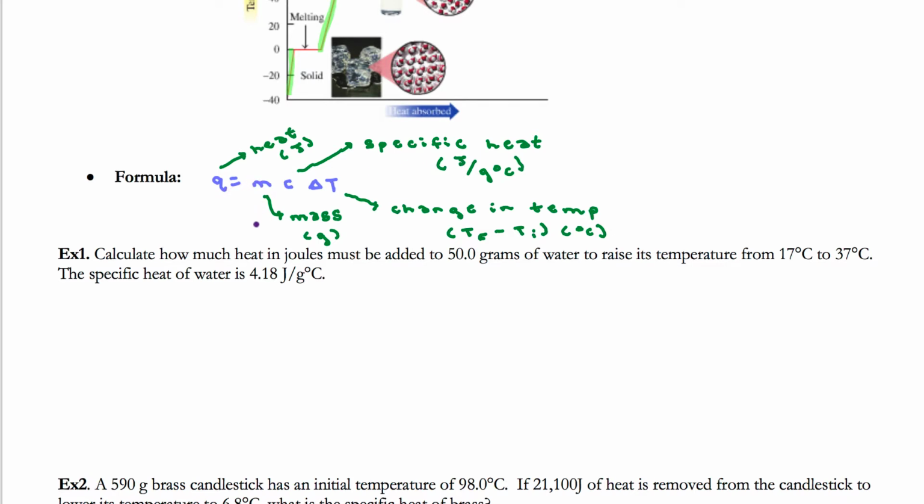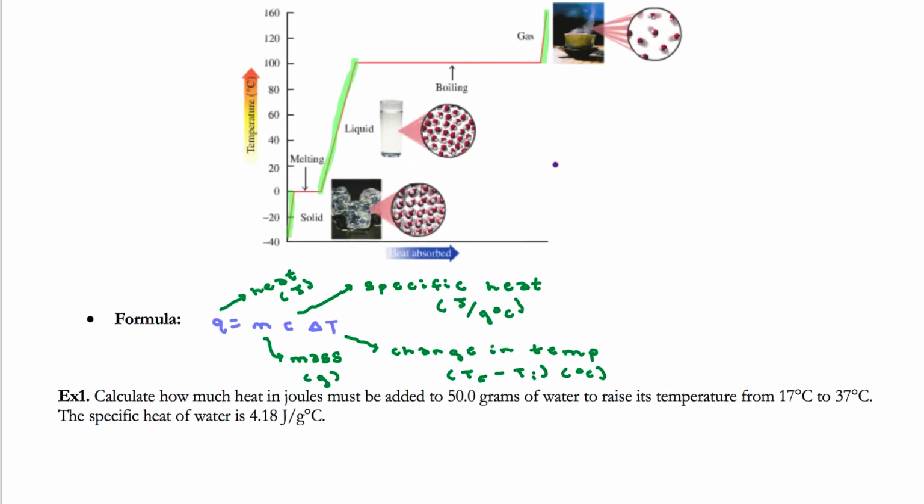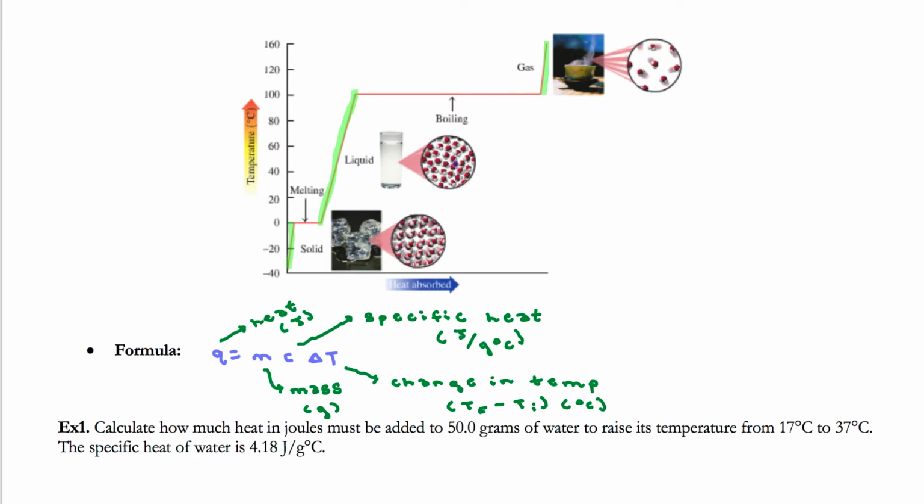So let's look at these calculations. Just as a quick reminder before we do that, remember when we were looking at state changes, if I was moving from right to left, then the sign of the heat would be negative because heat is being released. If I was going from a liquid to a solid here, freezing, my heat would be a negative value. So when I was moving backwards, the heat that I calculated was always negative.